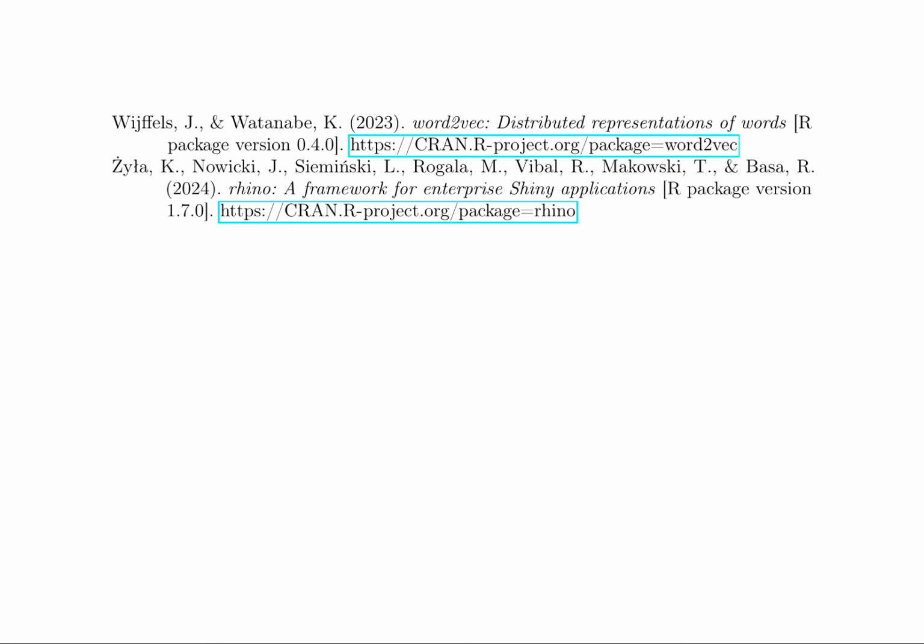In addition to Word2Vec, the Rhino package has emerged as an essential framework for developing enterprise Shiny applications. Version 1.7.0 of Rhino provides a robust infrastructure for creating interactive web applications, allowing developers to harness the power of R in a user-friendly and scalable manner. Rhino's significance lies in its ability to streamline the development process, enabling developers to build complex applications with ease and flexibility.